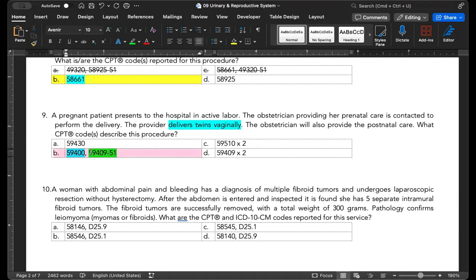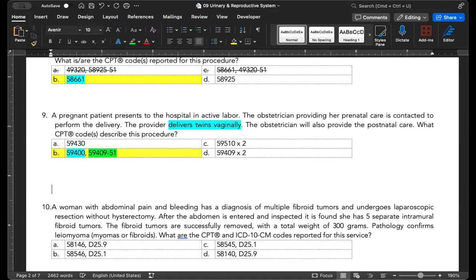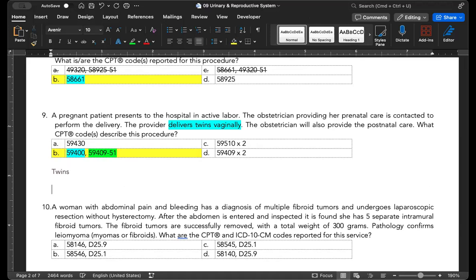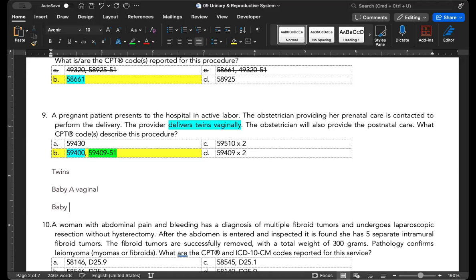Okay, I'm going to throw a kink into things. What if you have one vaginal delivery, and after that first delivery, multiple things can happen, but the mom is rushed in for a C-section for baby B? Baby A is vaginal, baby B is a C-section for whatever reason.